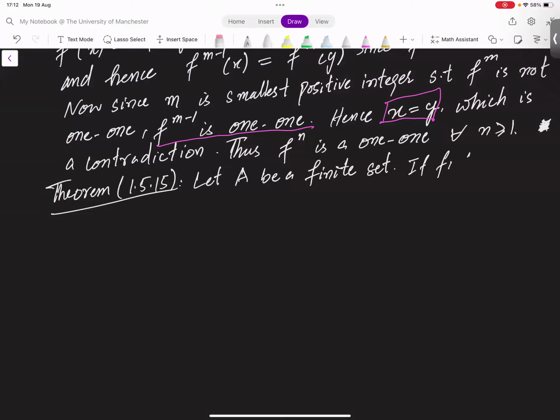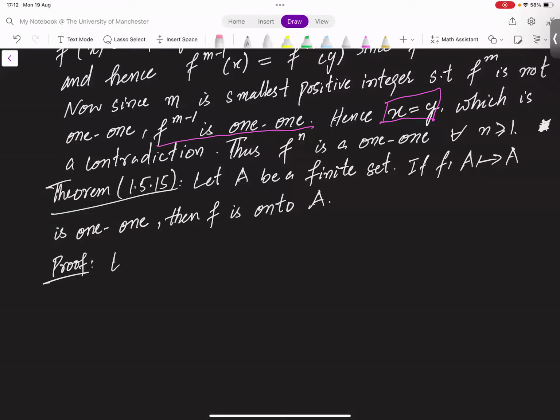If f from A into A is 1-1, then f is onto A. The condition is A should be a finite set. Then if f is 1-1, then f will be onto A. And let's prove this. Take y in A.